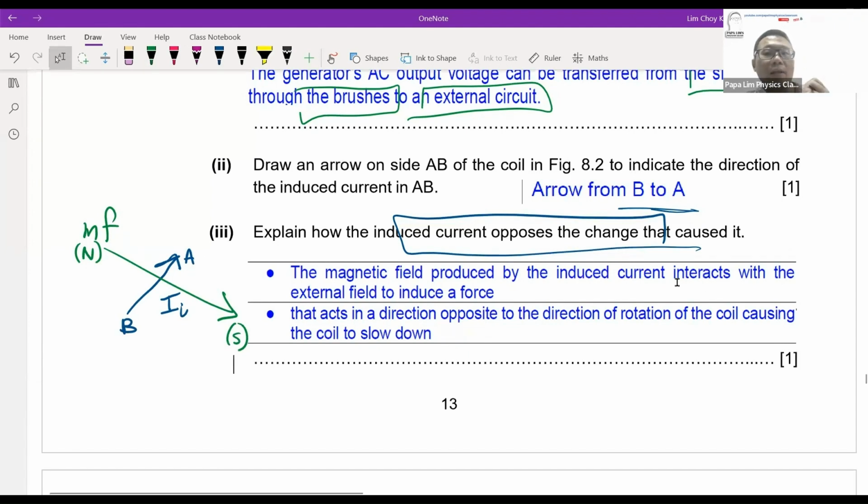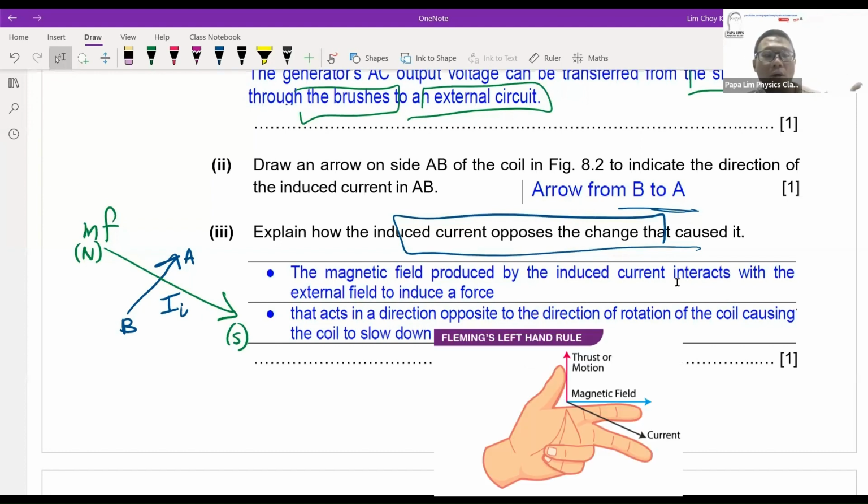When finding the force induced, we employ Fleming's left-hand rule. In this case, this will be your index finger, and your current will be your middle finger.